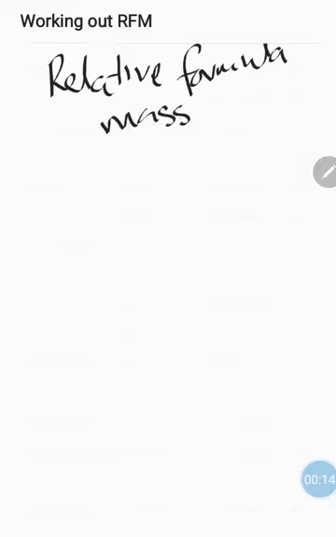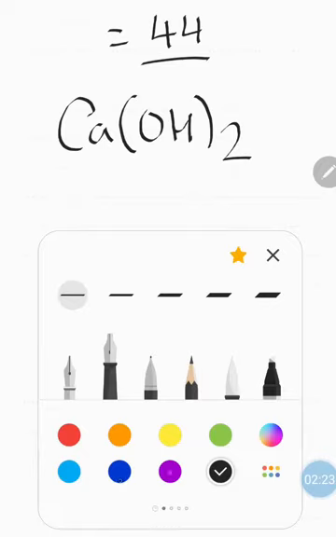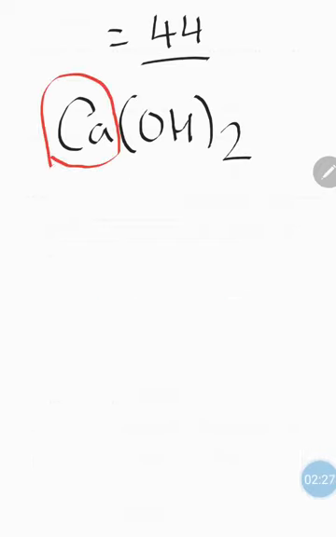Okay, so we have 1 calcium, so let me identify for you. So there's 1 calcium. We have oxygen times 2, because the number outside the bracket tells you everything is multiplied by 2, and we've got hydrogen times 2.